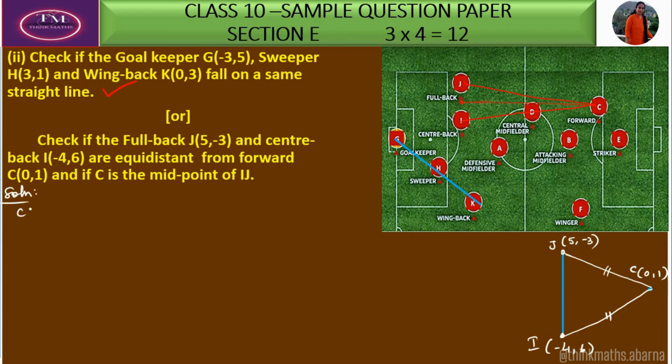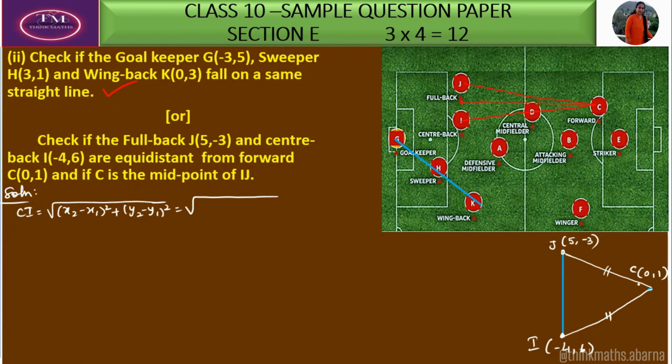You have to find out CI. It is nothing but the distance formula: square root of (x2 minus x1) whole square plus (y2 minus y1) whole square. So it is the difference of the x coordinates squared plus the difference of the y coordinates squared.